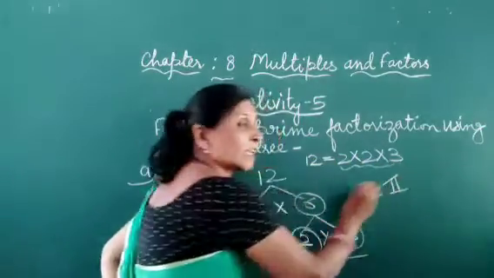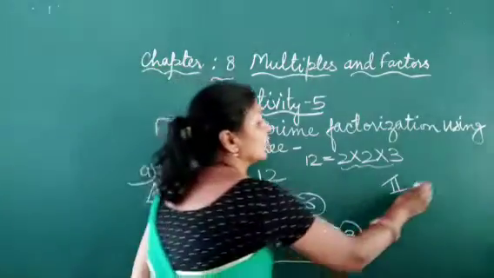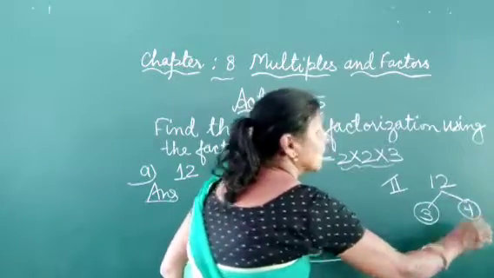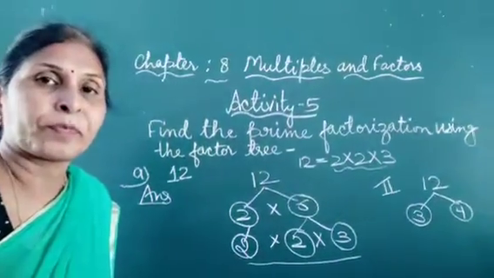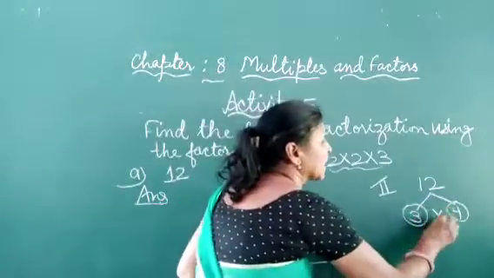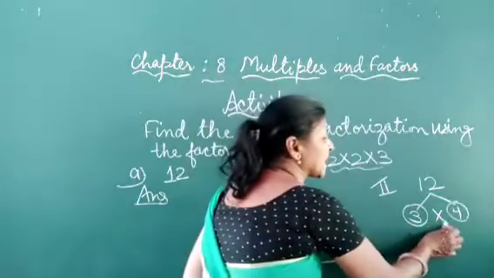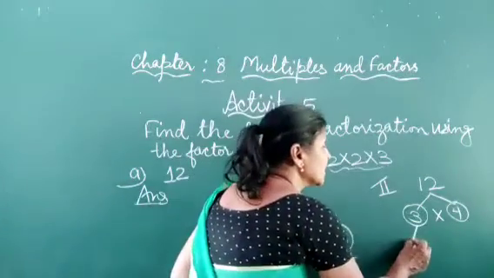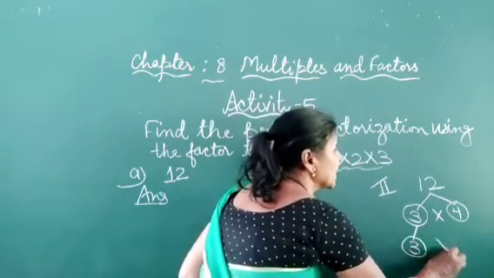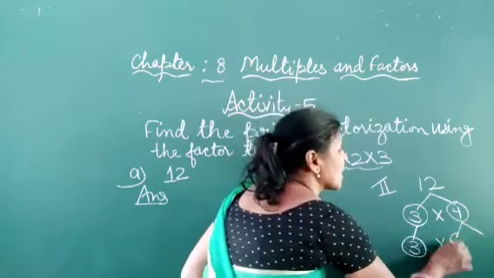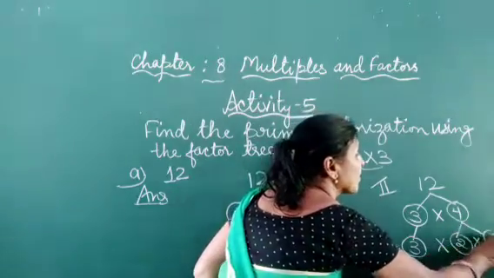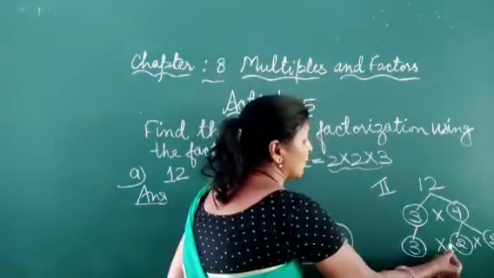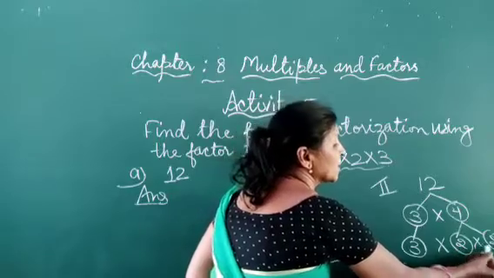Another method, the second method: we write 12, and here we write 3 and here 4. 3 fours are 12, and with the multiplication sign in between, if we multiply these two, we get 12. Now 3 is a prime number, so we cannot split it. Then 4 is a composite number, and we write here 2 multiplied by 2. Now the prime factorization of 12 is 3 multiplied by 2 multiplied by 2.